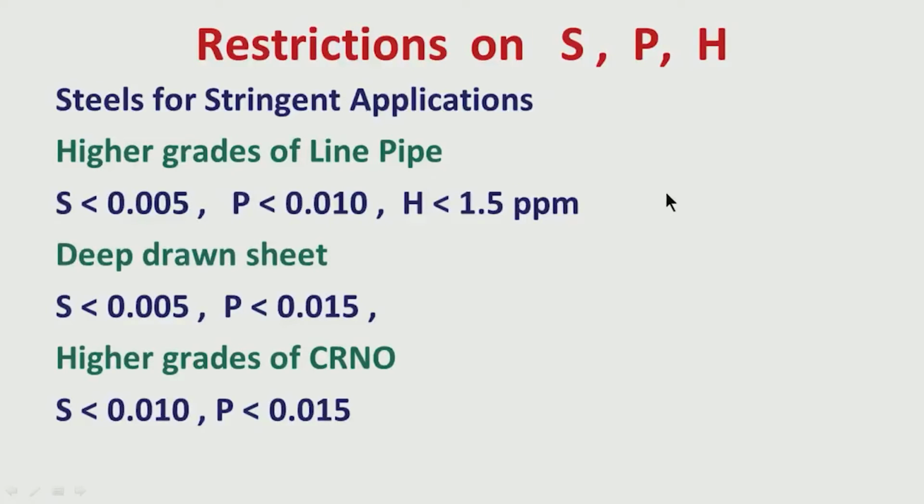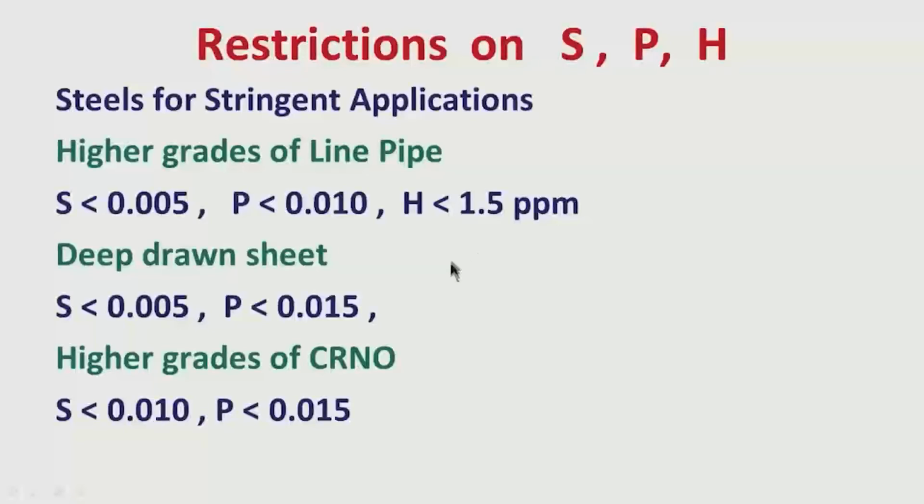When you are making steel, not only should we do proper desulfurization, we should reduce phosphorus, and do a good amount of degassing so that hydrogen is less than 1.5 ppm. Before the steel is cast, whatever analysis we take should ensure that we are within these ranges. Then only can that steel be further processed for line pipe steel.